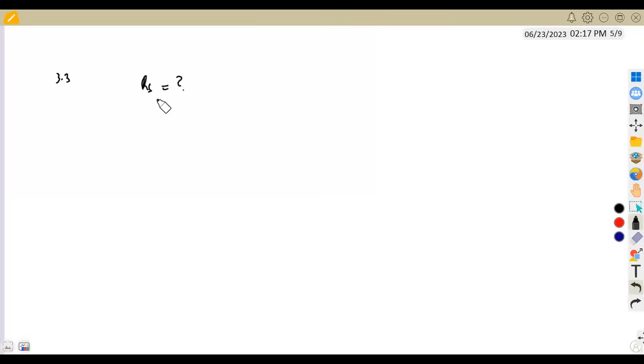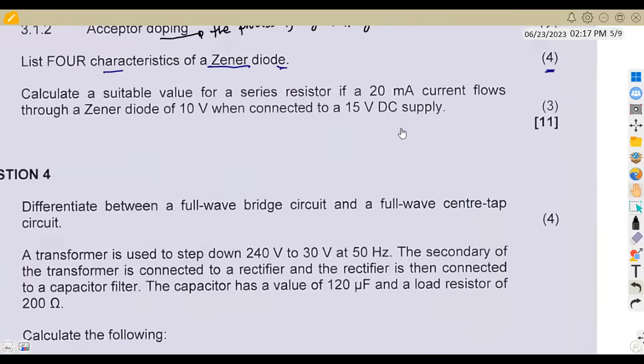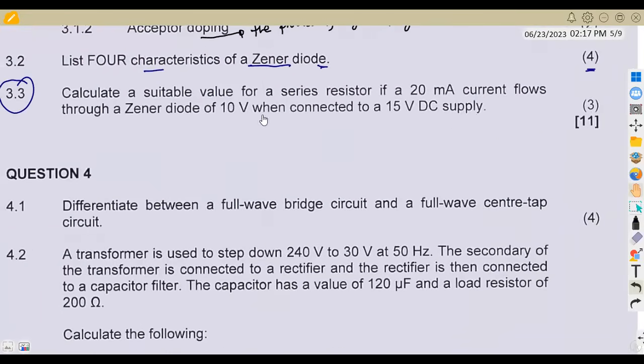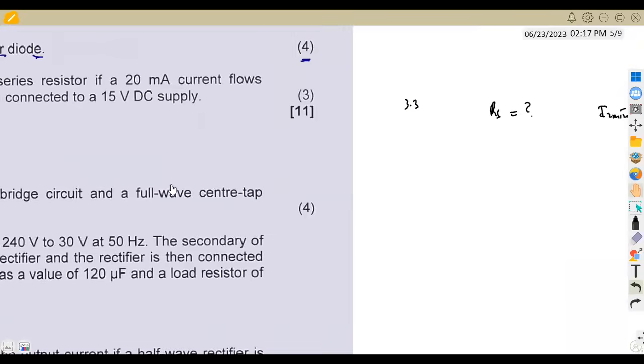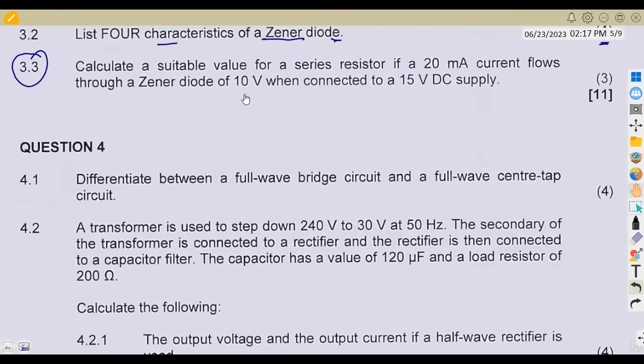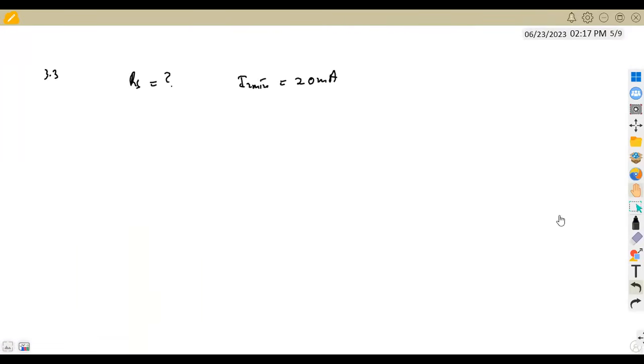This is 3.3. We do not have the series resistor, but we are given that a current of 20 milliamps flows through the Zener diode. So this is our minimum current, the Zener current, which is given as 20 milliamps. There is a voltage across the Zener diode of 12 volts, and also the voltage across the supply, which is our Vin, given as 15 volts.